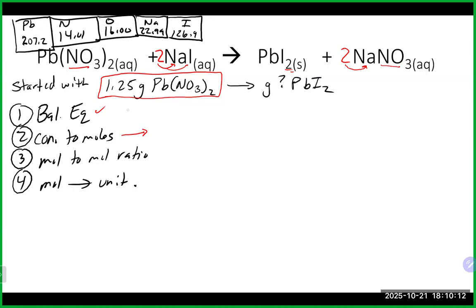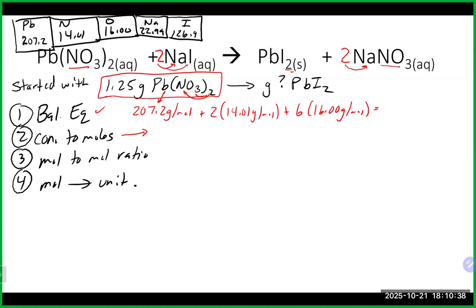We'll go to our periodic table, and we see we have 1 lead at 207.2 grams per mole. Remember, we need to multiply that 2 in here. So we will have 2 nitrogens at 14.01 grams per mole, plus 6 oxygens at 16 grams per mole. That's going to give us our molar mass.